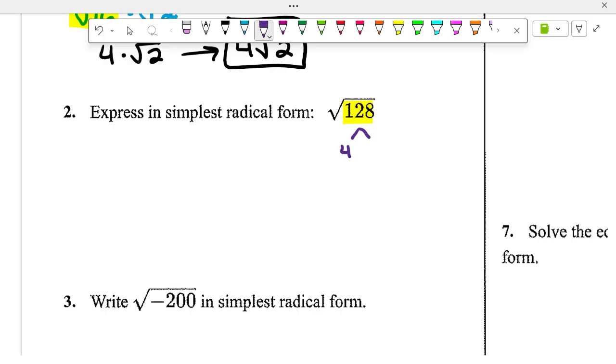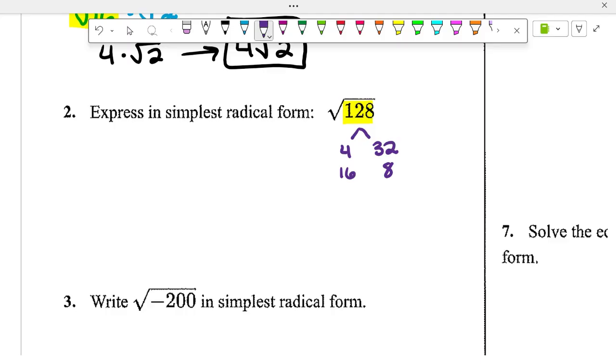What is it? So 128 divided by 4 is what? 32. Good. All right. What about 9? Does that work? So if you do 128 divided by 9, do you get a nice pretty number? No. What about 16? 8. So we got 16 and 8. What about 25? Does that work?